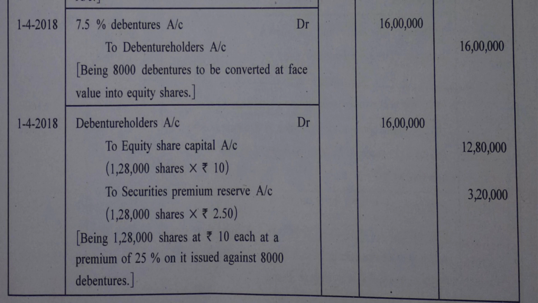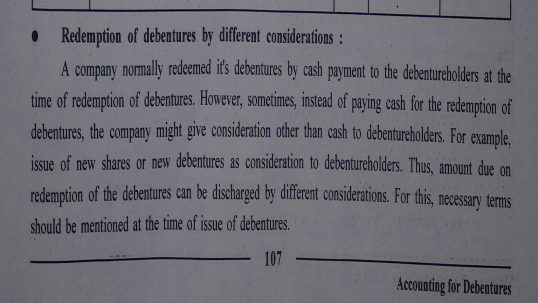So let us move on towards the next topic for the day. It is redemption of debentures by different considerations. Firstly, redemption is returning the amount of debentures. You have to return the amount of debentures. How do you return?